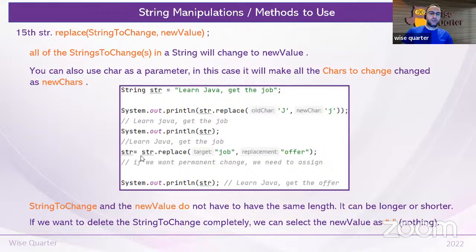If you don't use assignment, it won't affect the original value. Here, we are trying to replace job, in get the job, with the word offer. And I am making the assignment. This value will be assigned to str. From now on, when I try to print it, I will see offer instead of job. It will change the original value.